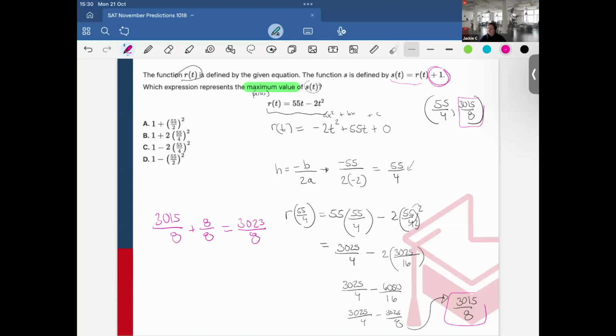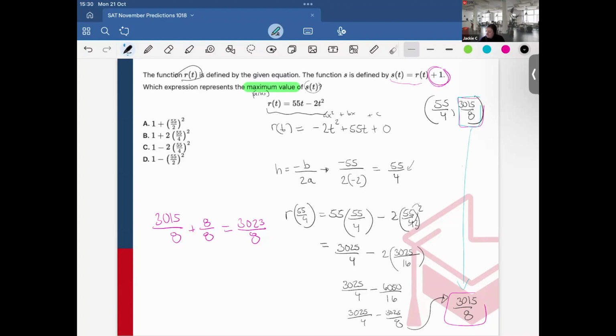Okay. But I'm actually overcomplicating because I can see that basically it's going to be this plus 1. And looking at how I was getting the maximum value, it eventually simplified to 3015 over 8, which I got from doing the subtraction here.